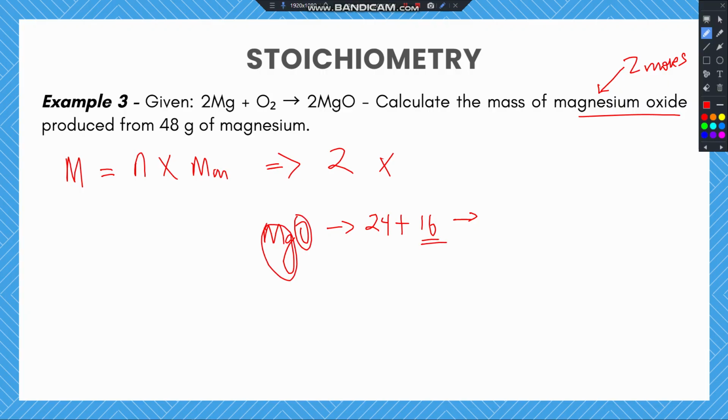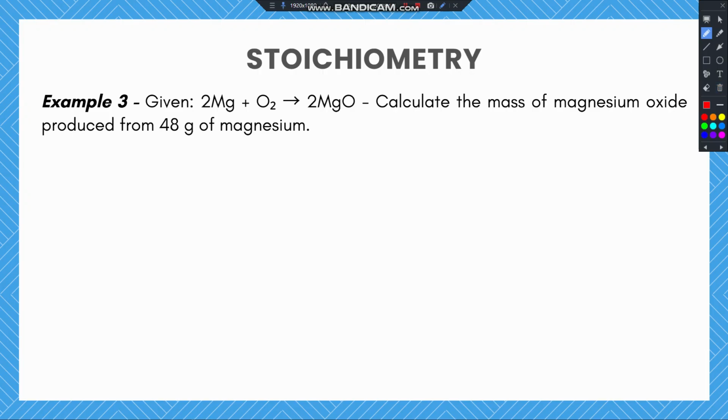And for magnesium, the atomic mass is 24. 24 plus 16 gives us 40. So we have 2 times 40. And this gives us 80 grams of magnesium oxide, MgO. I'm sure you're seeing how this is playing out. So the mass of magnesium oxide produced is 80 grams. Pretty easy, pretty simple, straight to the point.